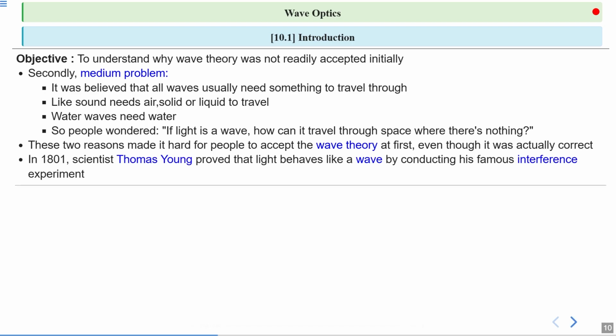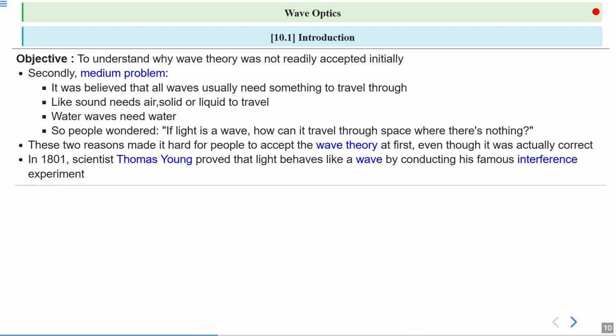So in 1801, the scientist Thomas Young proved that light behaves like a wave by conducting his famous interference experiment, which is called Young's double slit experiment. We are going to discuss it in detail in our further lectures. Thomas Young proved that light behaves as a wave, because waves interfere. There is constructive interference, there is destructive interference.